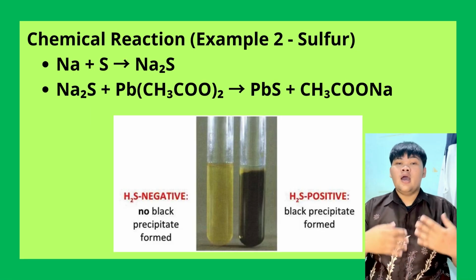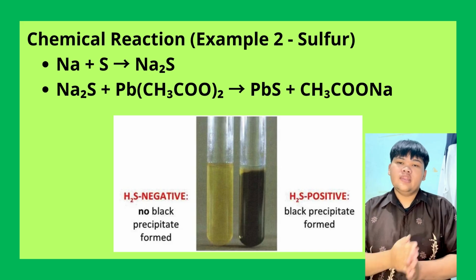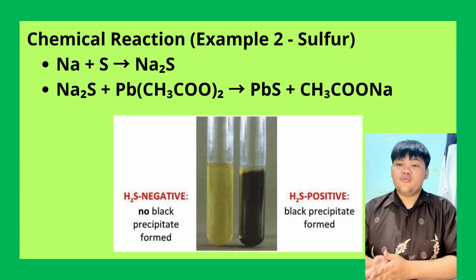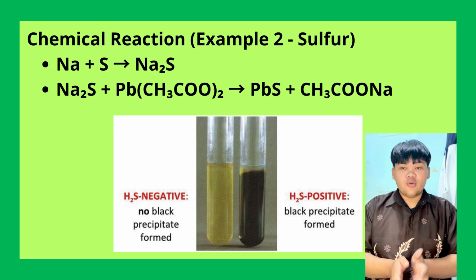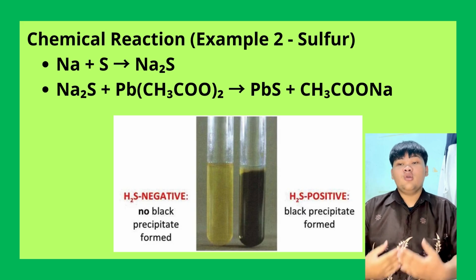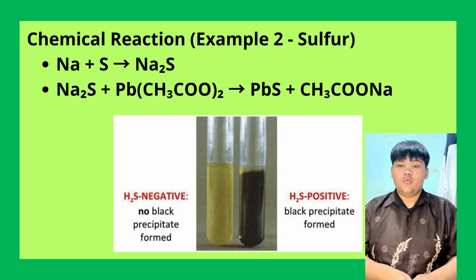Now I will explain the second chemical reaction, the sulfur reaction example. The reaction is sodium plus sulfur, which produces sodium sulfide, or Na2S. Sulfur in organic compounds is converted into water soluble Na2S. Then the Na2S is reacted with lead acetate, Pb(CH3COO)2.